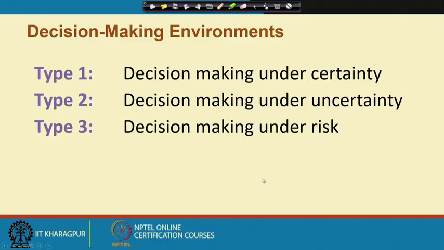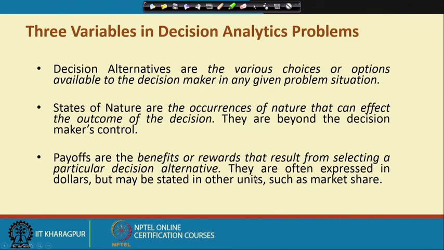So, we would like to know what these 3 options are. Before we go into the discussion of these 3 options, I would like to highlight 3 concepts in a decision analytics problem. The decision alternatives are the various choices or options available to the decision maker in any given problem situation.